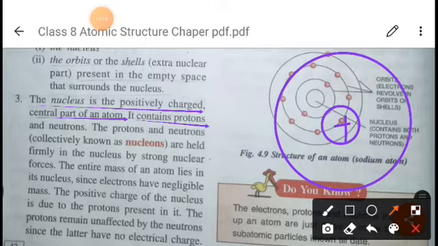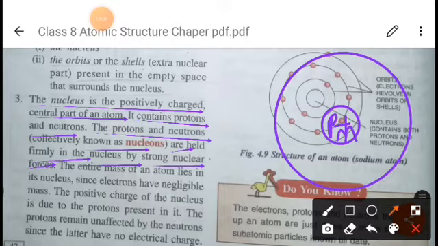Now it consists of what? Proton and neutron, as we have discussed, right. Next, the proton and neutron are collectively called nucleons, okay. They are held firmly in the nucleus by a strong force, which is called nuclear force, okay.